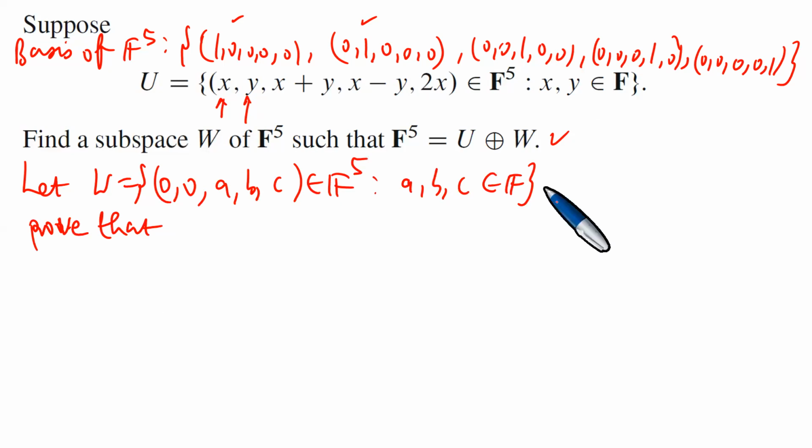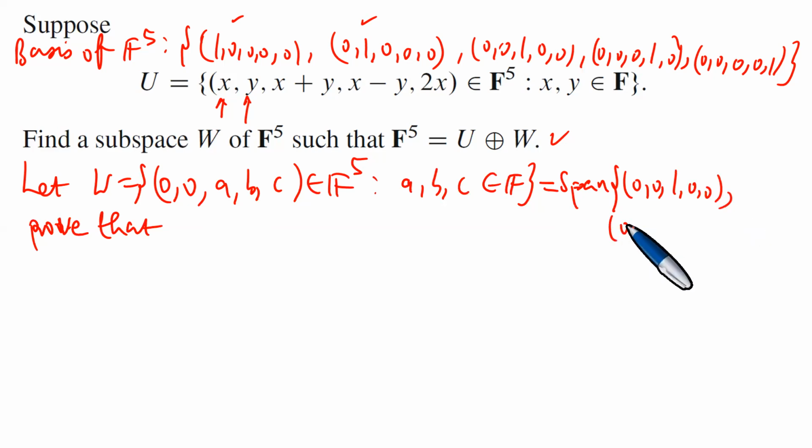Now you need to prove something very important here. Because this one is the span, you don't need to prove the span. The span would be these vectors that you get here: 0, 0, 1, 0, 0, and then 0, 0, 0, 1, 0, and then 0, 0, 0, 0, 1. So we spoke about the span.